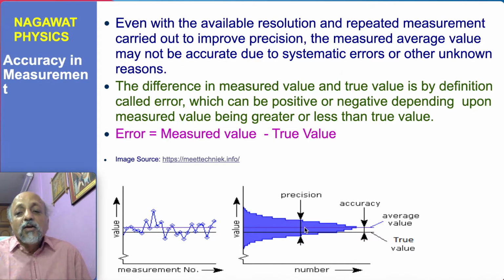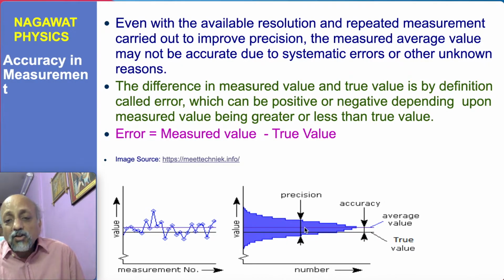Smaller is the width, better is the precision. Here it is shown that the average value is this much and the true value is different from the average value, which tells you that there is an error and 100% accuracy is not achievable in this experiment. Neither can you have the precision such that this width becomes 0.